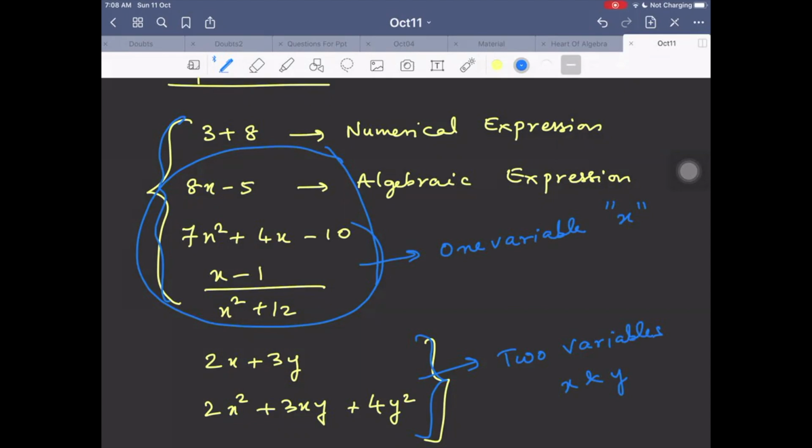We are not discussing equations yet. We are still talking about expressions. And now, can you tell me what's the difference between this expression and this expression? They both are algebraic expressions, and they both are expressions in one variable. Now, can you tell me the difference between this expression and this expression?